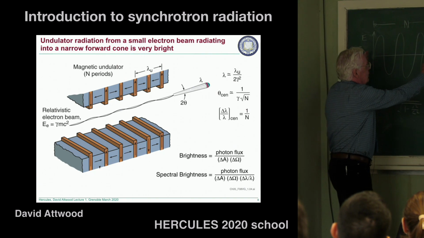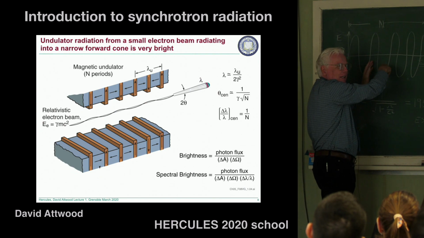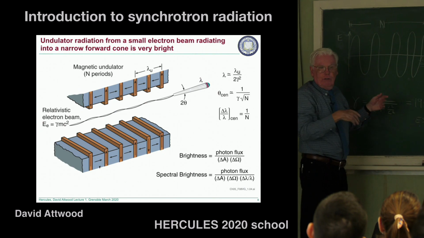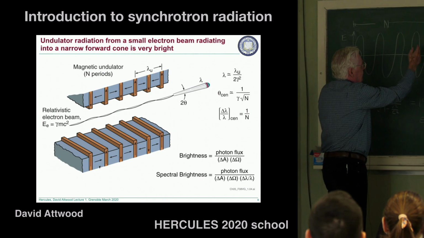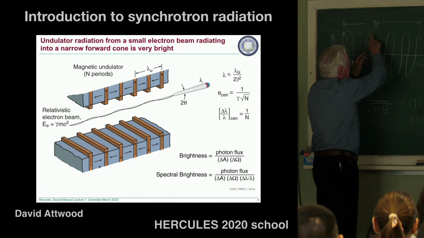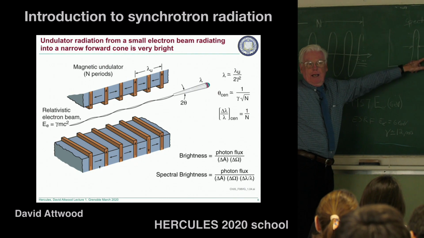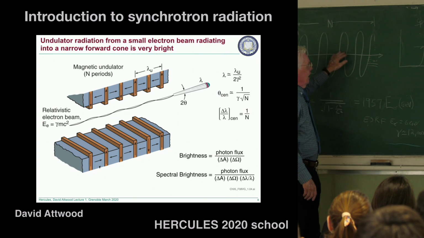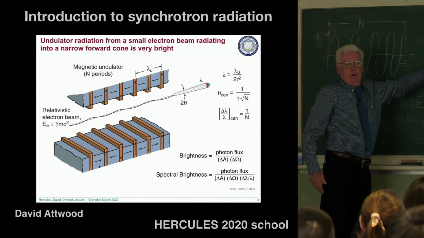If you have 100 cycles and you analyze how accurate the wavelength is, if you do a Fourier analysis mathematically, you'll find that the accuracy of the wave in frequency space is going to be 1 over N. So if you have 100 cycles and then you cut it off, this is going to have a width of about 1%.